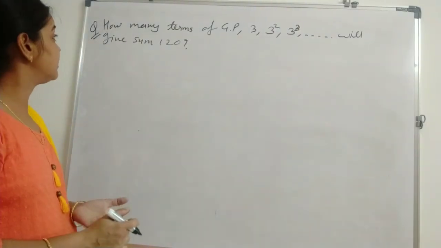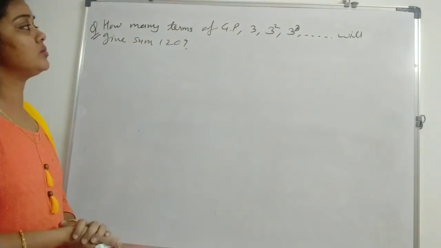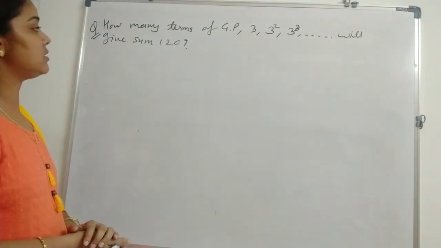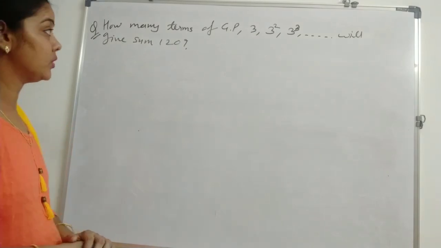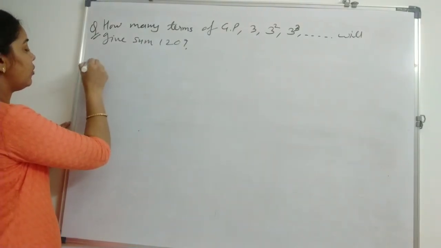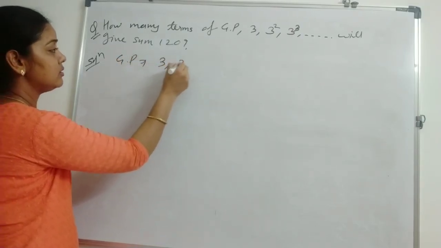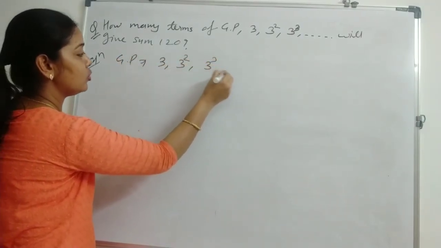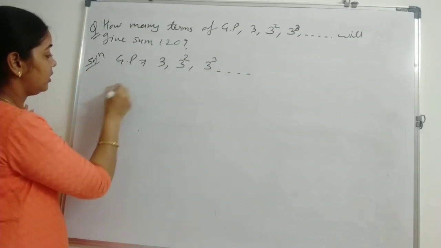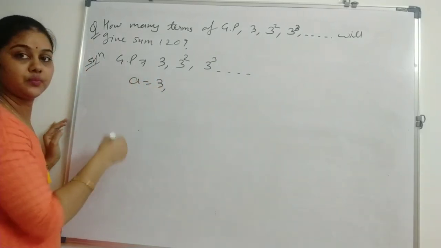One more question to consider here. How many terms of this GP will give the sum of 120? It means a GP is given, that is 3, 3 square, 3 cube and so on. The first term is 3.